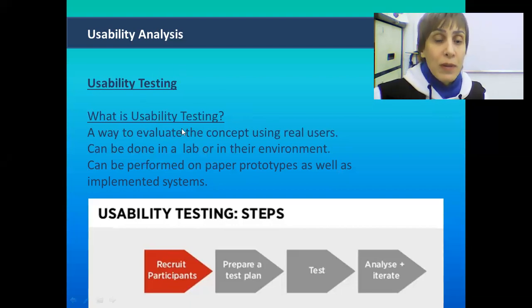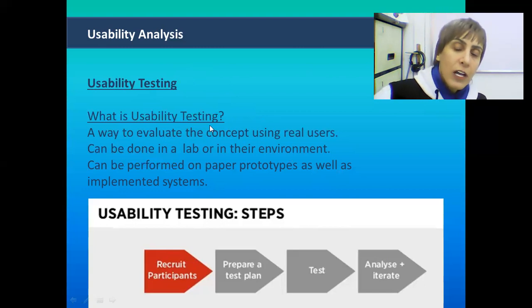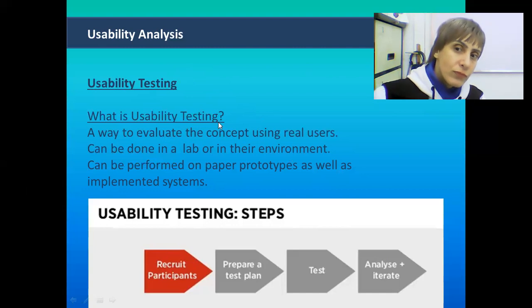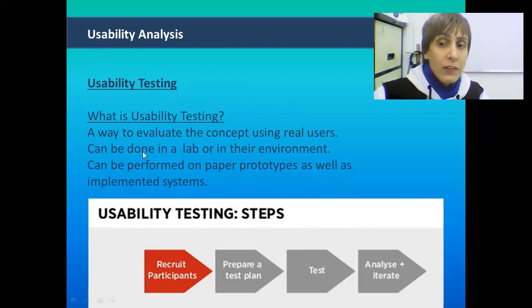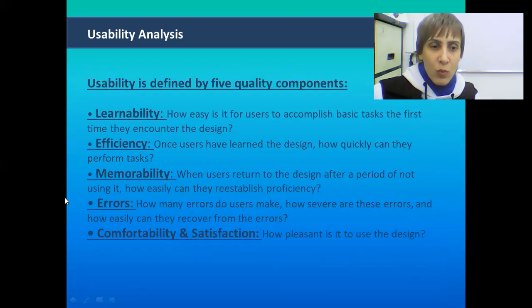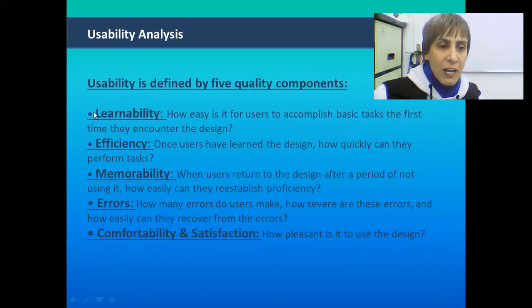So usability testings are done a lot in industry, in the real world, whether designing applications or products or whatever. A usability testing is done to figure out last possible mistakes with these 5 quality components.